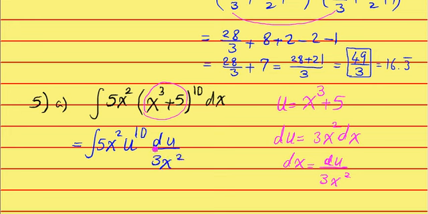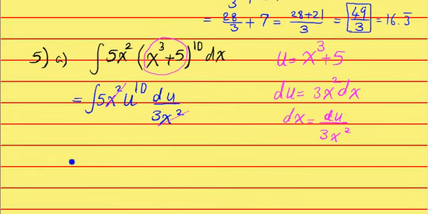Nice thing is that this x squared cancels out. That's what makes it work. So next step, you have 5 and 3, which you could put outside. Integral of u to the 10 du, that can be written as u to the power of 11 over 11, plus a constant.